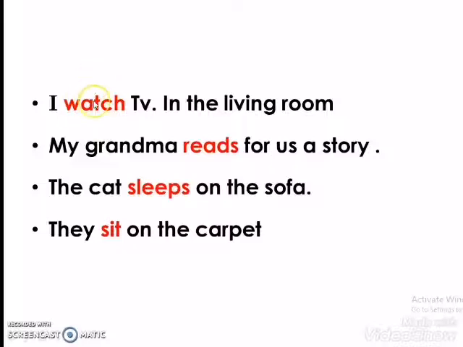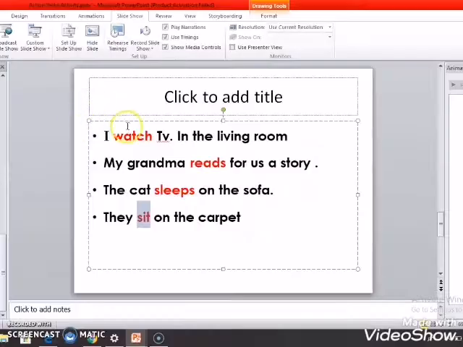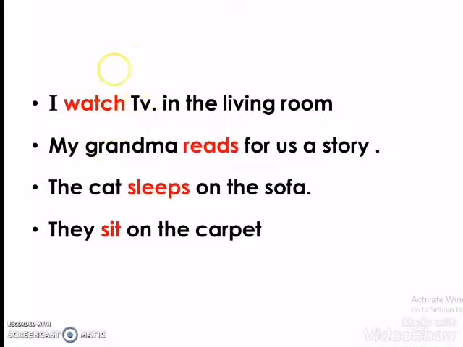The action verb is watch. Before watch we have the pronoun I. Because I have the pronoun I, I didn't add s to the action verb watch. I watch TV in the living room.